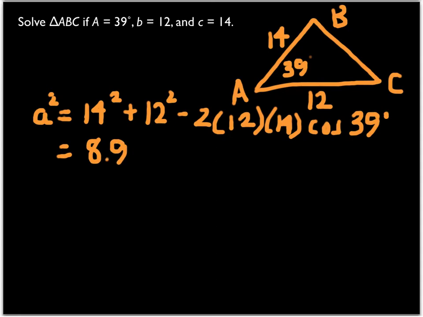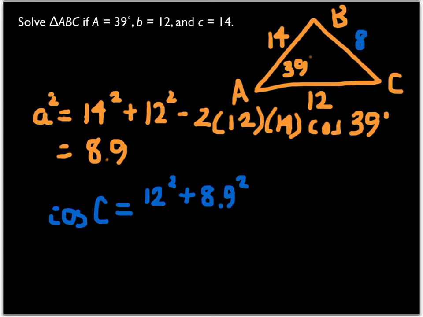Now if I want to solve this, I still need to figure out what one of the angles is. So I'm going to change colors here a bit. And I am going to first of all try to find that angle C there. So the cosine of C, and again when I do this I just work with my adjacent sides here. So my two adjacent sides are going to be 12 squared plus 8.9 squared.